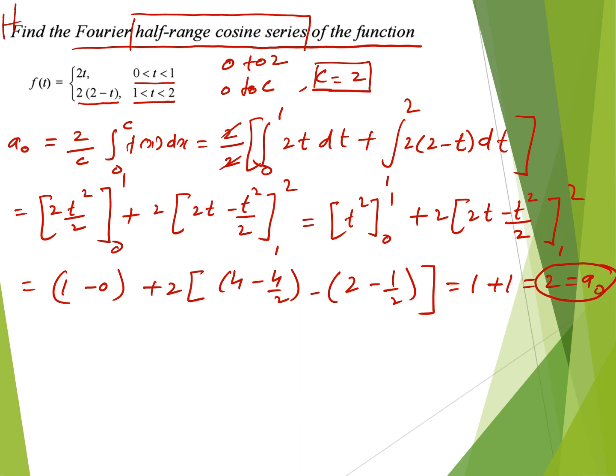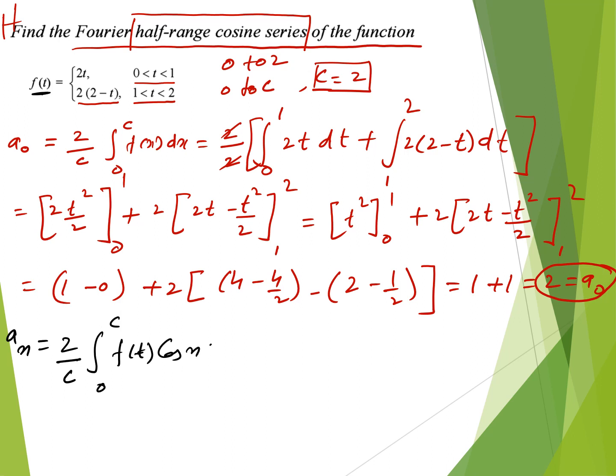Now we have to find out the value of an. So an is equal to, according to the formula, 2 upon c integration 0 to c f(t). Because the function is in terms of t, we just replace dx with dt.